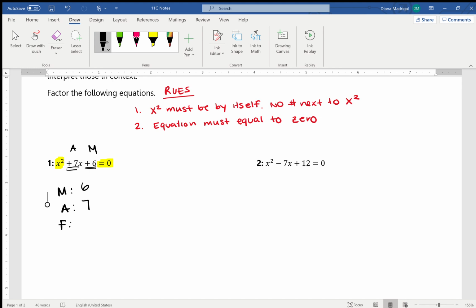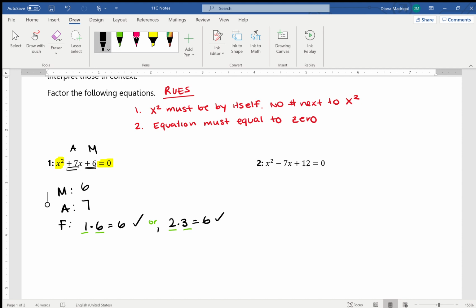So for example, the factors of 6: I know that 1 times 6 gives me 6, so that's good. Another factor pair of 6 is 2 times 3, which gives me 6. So I already figured out two pairs of numbers, 1 and 6, and 2 and 3, because they multiply together to equal 6.